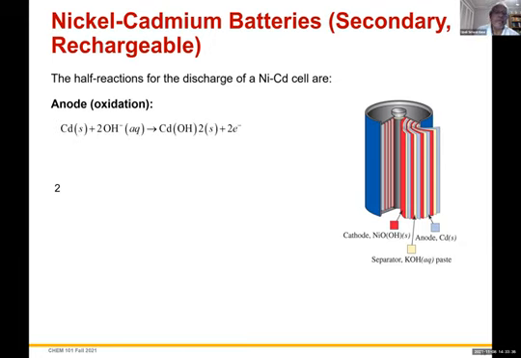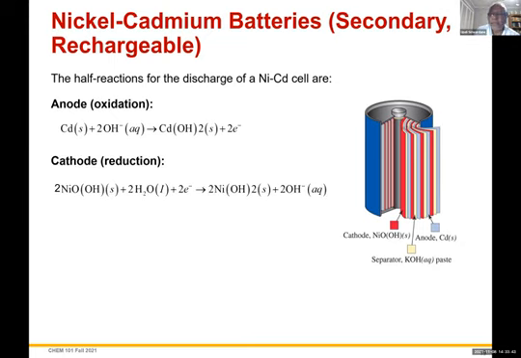Cadmium goes to cadmium 2+, cadmium hydroxide. At the cathode, nickel oxide gains electrons, reduction, and goes to nickel hydroxide. So this is the anode half reaction and the cathode half reaction.